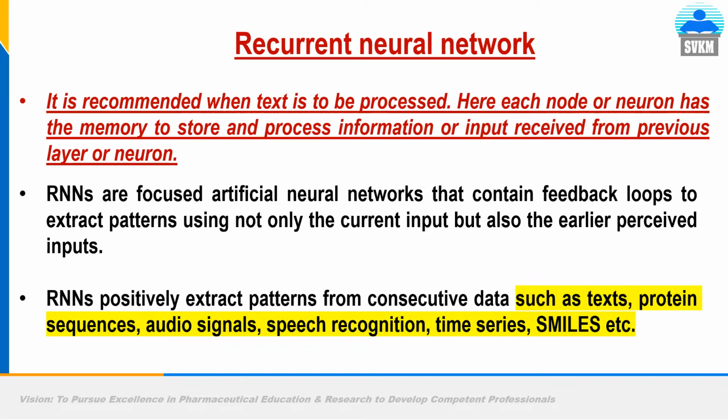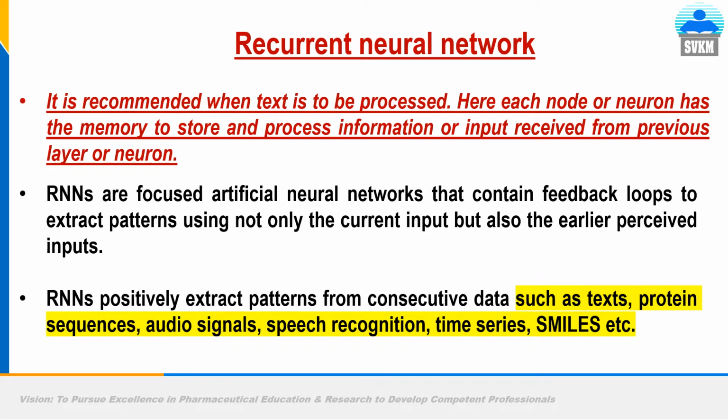Or in Microsoft Outlook, if you compose an email, you might have noticed that it gives you ready to use inputs for your sentence completion. These are all based on the recurrent neural network. So it is recommended when text is to be processed.